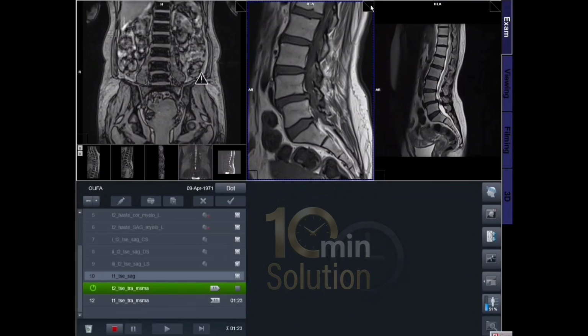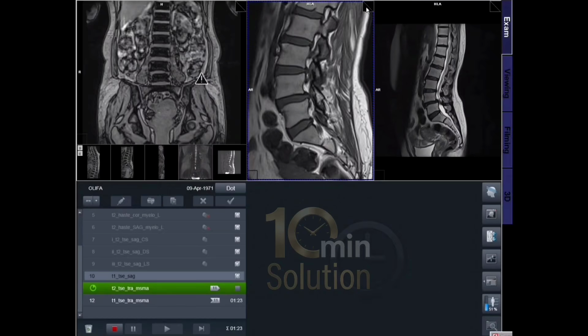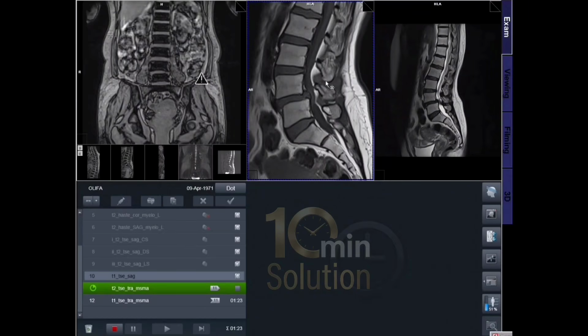Patient history: low back pain for 5 years and difficulty in walking. Look here, this is L5 and this is S1, L5 and L4-L5.